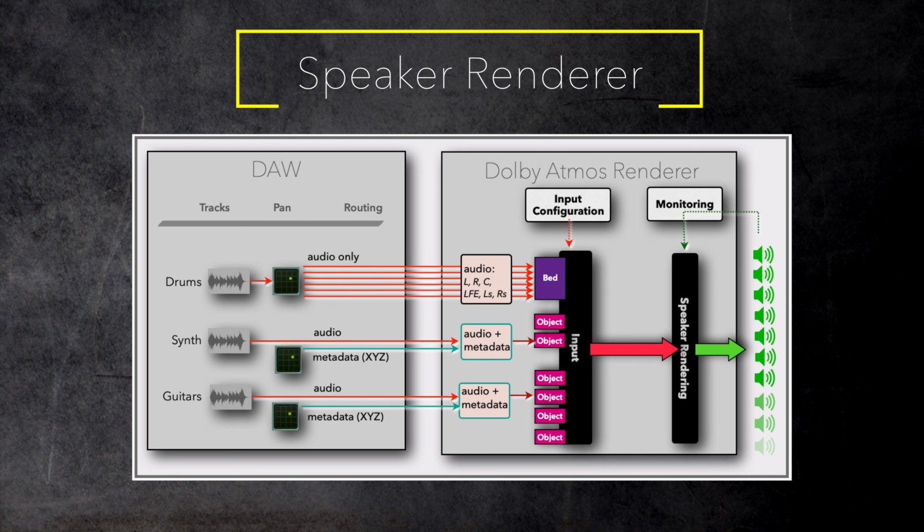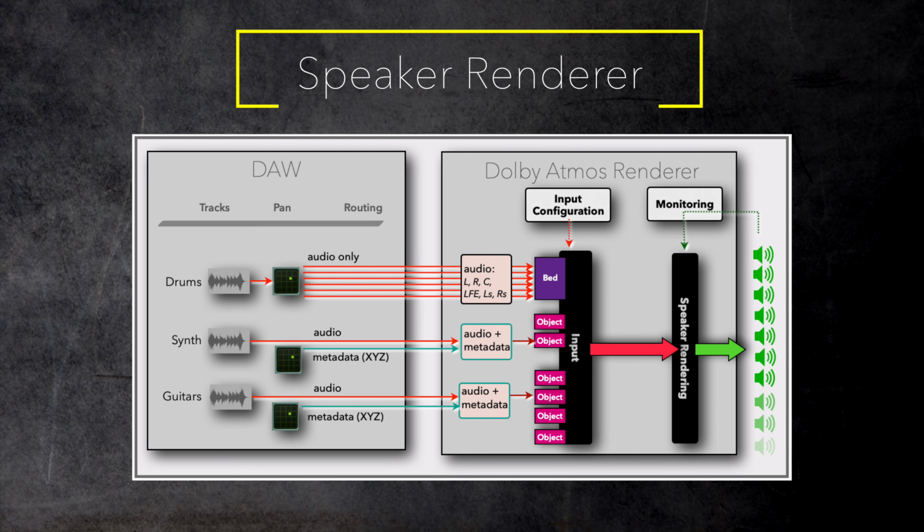Whatever XY position a signal has, the renderer tries to place it into the speaker that is available in that setup. Of course, the more speaker channels you have available, the more precise the spatial reproduction will be. The fewer speaker channels you have available, the more compromised the end result will be.